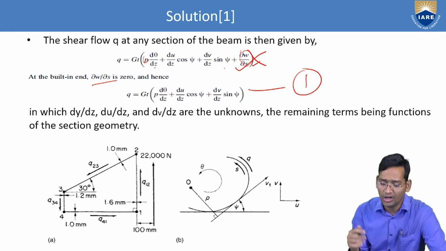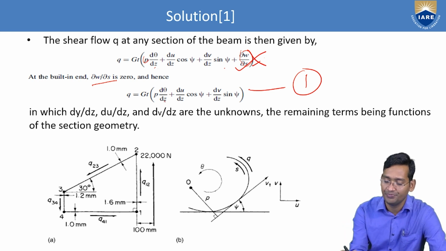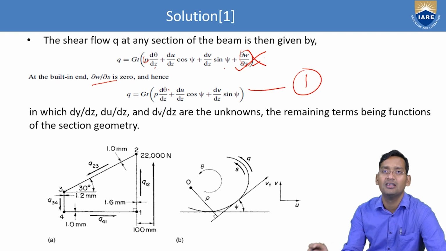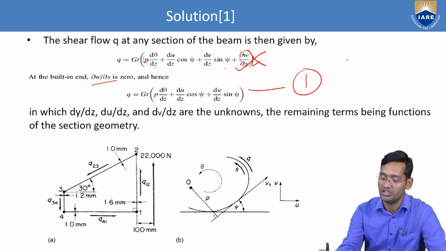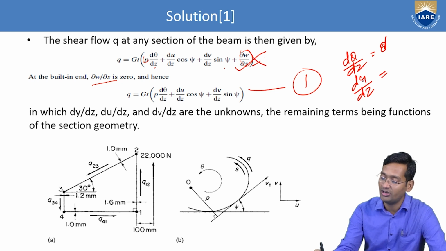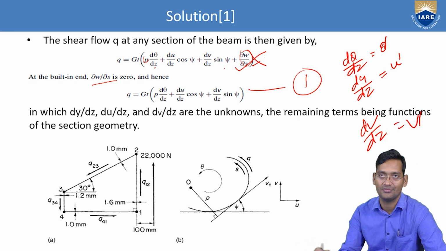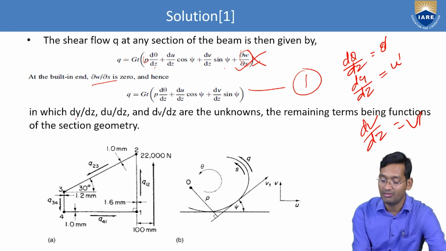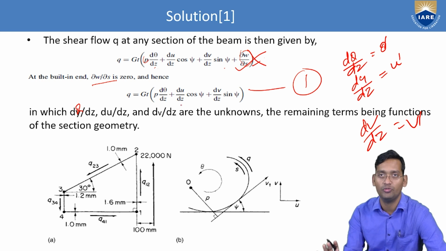Now instead of writing dθ/dz, du/dz, dv/dz, we will write θ', u', and v' so that it looks simpler. So dθ/dz is θ', du/dz is u', and similarly dv/dz is v'. Here dθ/dz, du/dz and dv/dz are the unknowns, which means we have to find them.